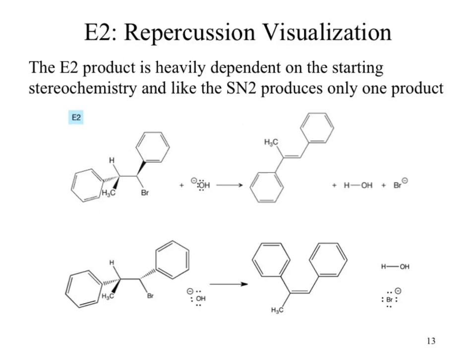Why? What is the difference that's causing one to be cis and one to be trans? It's not a rotation, it is stereochemistry. If you take a look at the carbon of your leaving group, the stereochemistry of that carbon has changed in each of these reactions. That change, nope, that change forces the result.